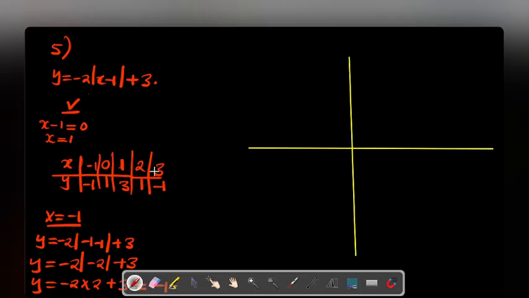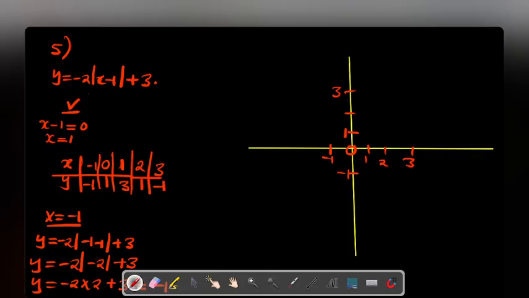So from this graph, we need to indicate the values of x. So for the values of x, this is negative 1, this is at 0, this is 1, then here we have a 2, here we have a 3. So for the values of y again, this is 1, then this is a 2, then here we know that this is a 3, then here we have a negative 1.